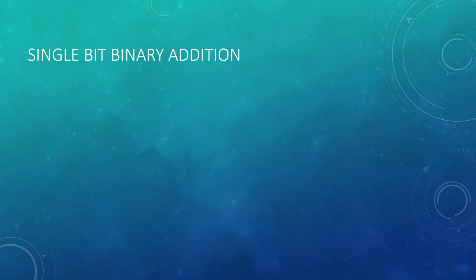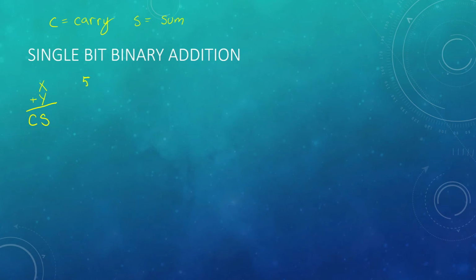So, single bit binary addition. Let's say we have two numbers, x plus y, and this would be C and S. C is carry and S equals sum. So what is an example of carry and sum?